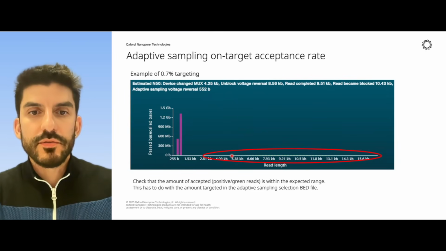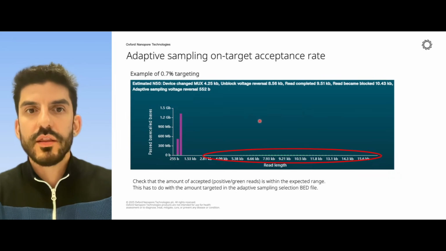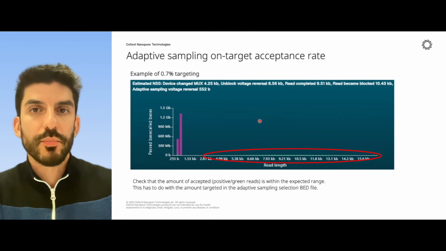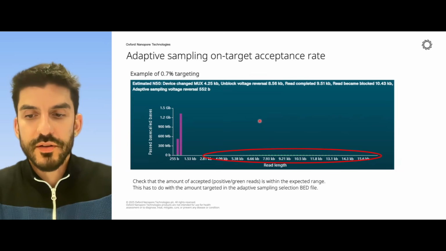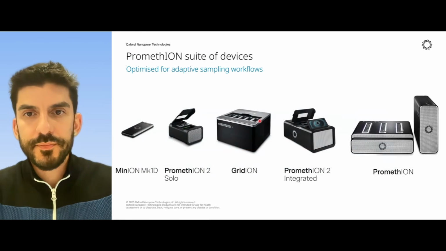If at any point in your run the green amount is higher than the rejected amount, then your run might not be working properly, or you are somehow targeting way too much and you won't be getting high levels of coverage or enrichment as you might expect.